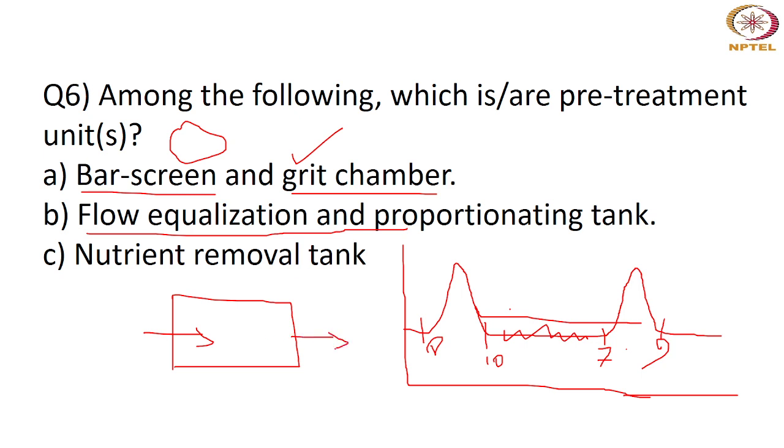Otherwise, the biological system or the secondary system will face a shock of organic matter loading, of water loading. So it will not function properly, and it will be difficult to remove the nutrients as well as organic matter and other stuff.